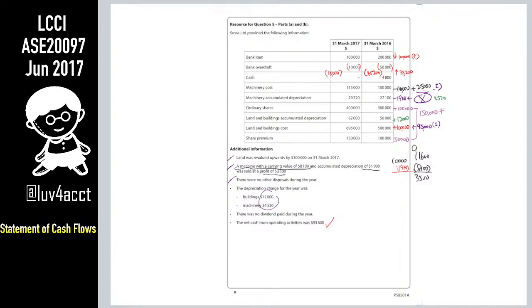Maybe not too large because you have ordinary shares and share premium together, 55,000. That is a small percentage of bank overdraft. And for your bank loan, it's not a high value. The gearing is quite low. That means the proportion of your loan to your capital is not that great.